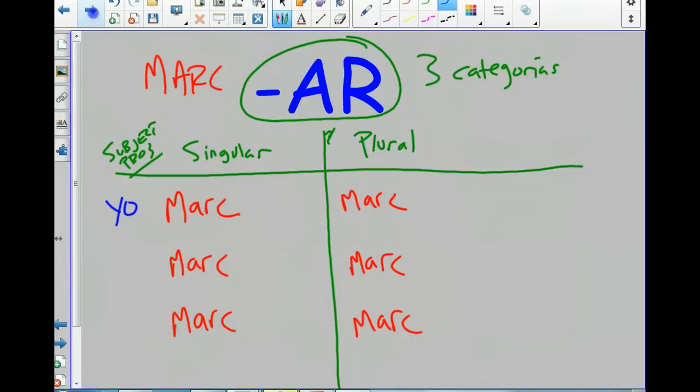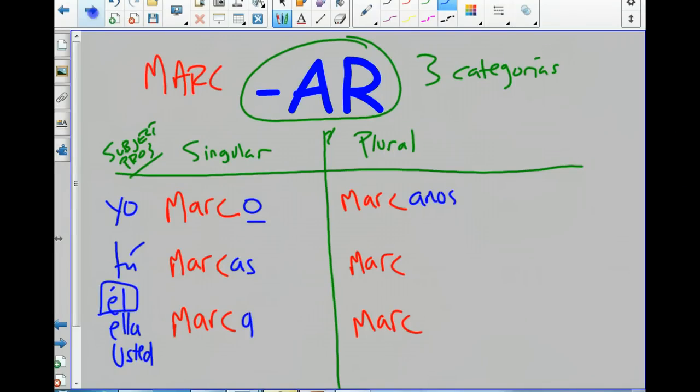Subject pronouns, yo, marco. We've done a lot of talking about ourselves, so we know that one, right? Tú marcas, you score. Él, ella, or usted all have the same form, marca. So if we used él here, this would be he scores. Luego aquí la forma de nosotros, marcamos. I ran out of room for that, I'll put them over here, the subject pronouns. Nosotros marcamos, right?